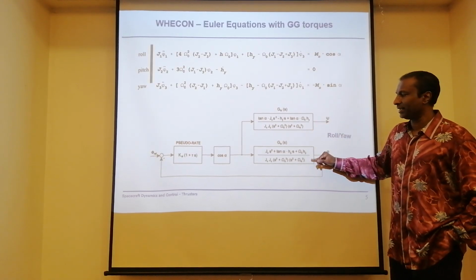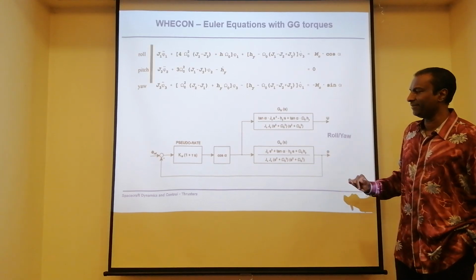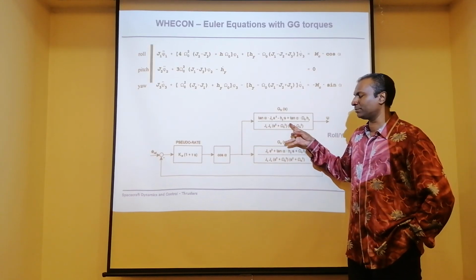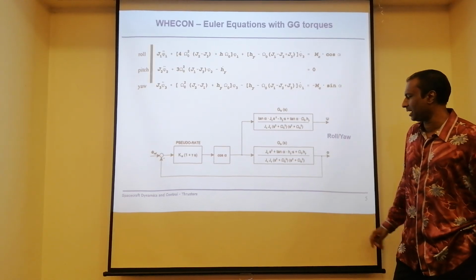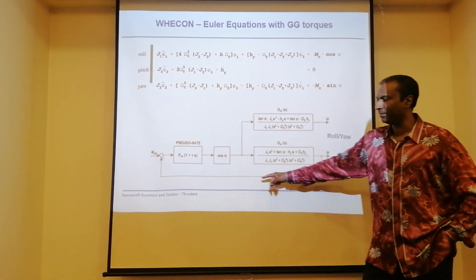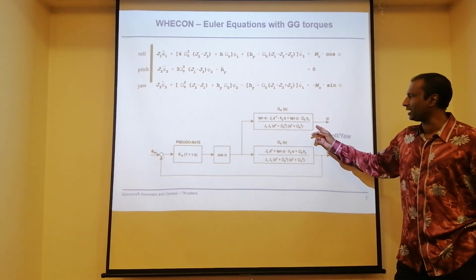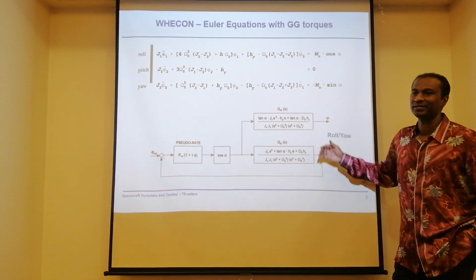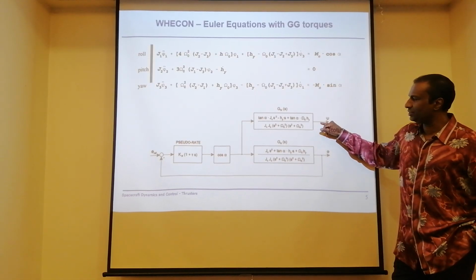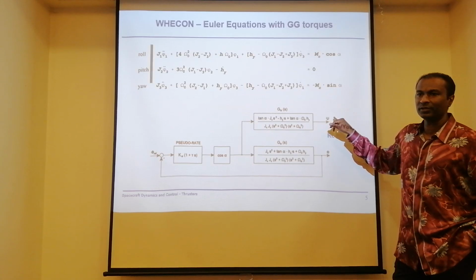Okay. So what exactly does it do here? Because both roll and yaw are coupled, I say never mind, I'll make sure I measure roll, then indirectly I am also controlling my yaw. That's what it says here. That is the reason you don't see a closed loop for the yaw.